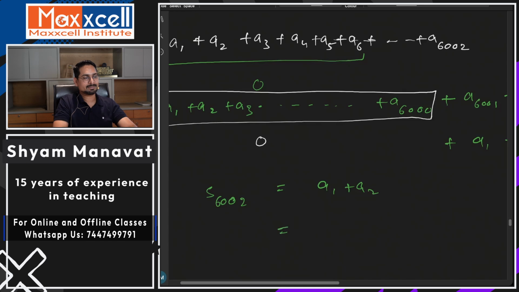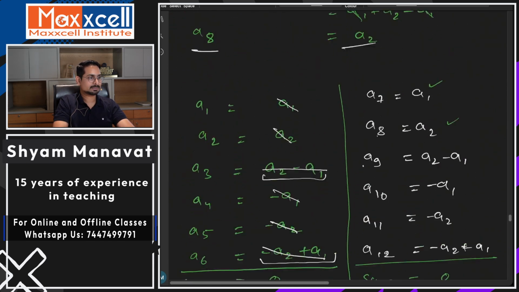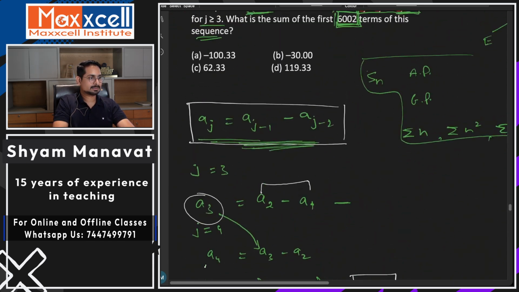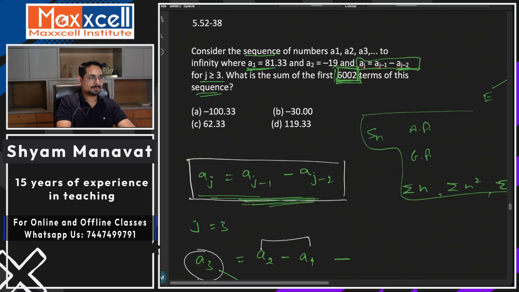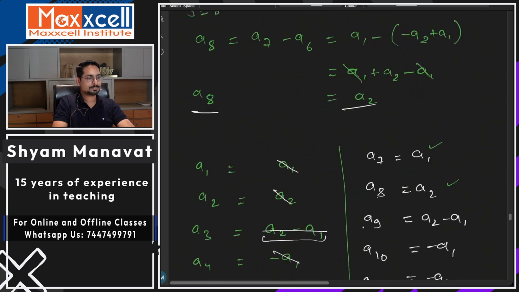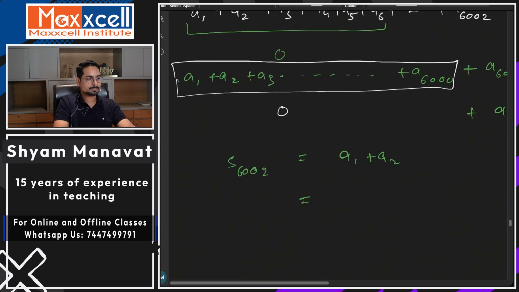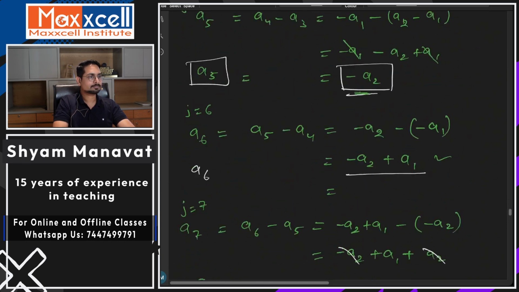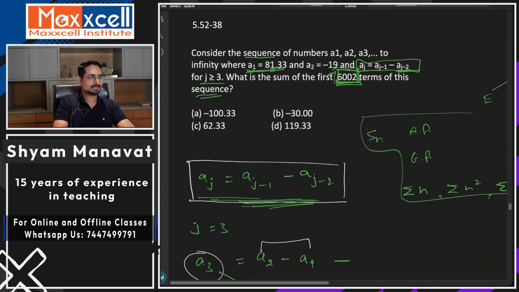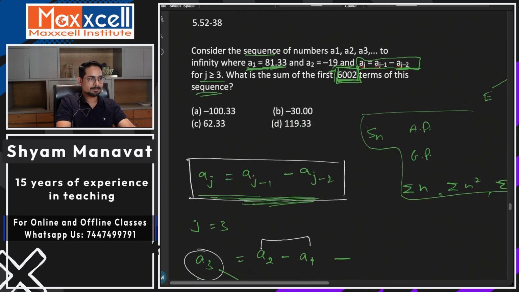Now your A1 is given in the question, that is 81.33, and A2 is minus 19. Substitute. 81.33 minus how much? 19? Yeah, minus 19. So 81.33 minus 19.